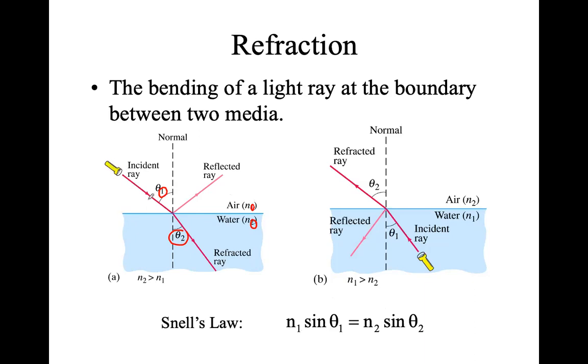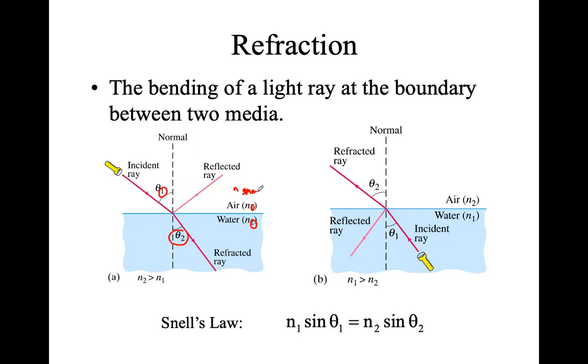This is what I think I called an external reflection, right? The source of the light is in the air or the lower index of refraction medium, the place where the light speed is greater. I'm sorry, I got that backwards. Small n here, I said that exactly backwards.